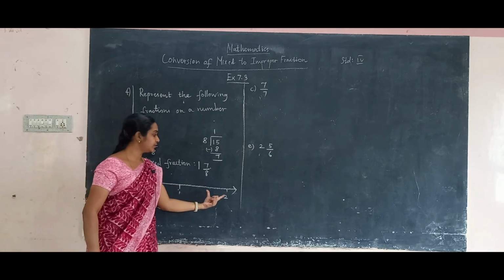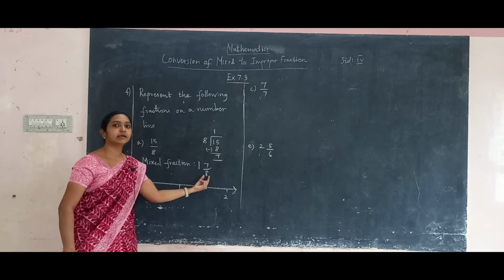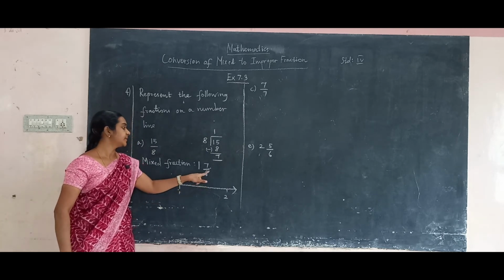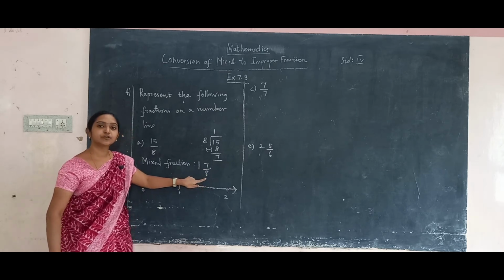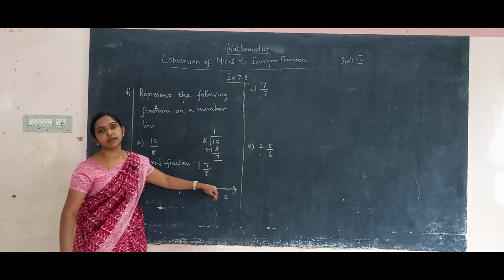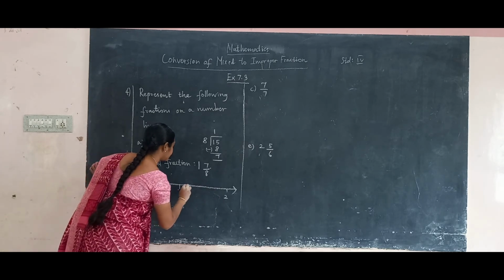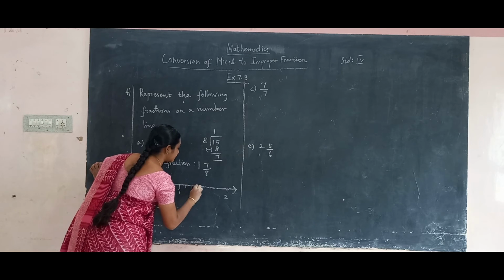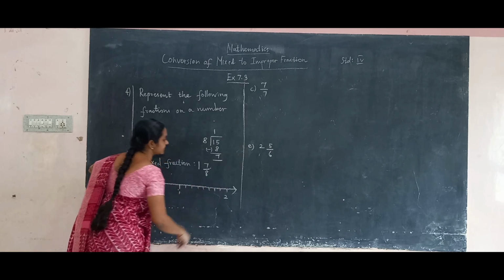Between 1 and 2 we have to divide the distance into 8 equal parts. The denominator should be taken and it should be divided into 8 equal parts. 1, 2, 3, 4, 5, 6, 7, 8.